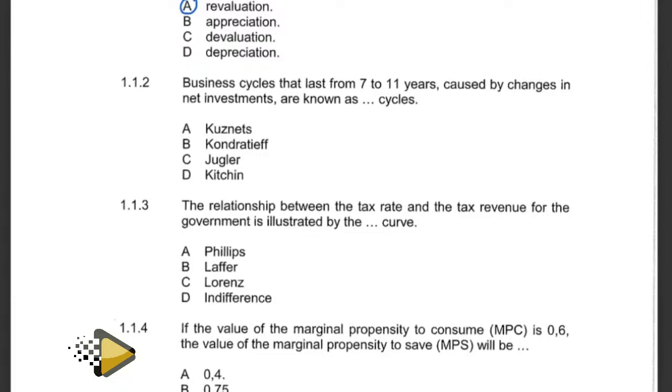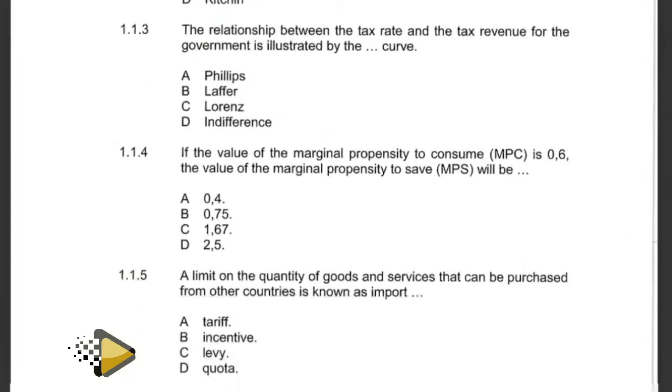So grade 12, if you still remember, I always tell you that whenever you are dealing with questions under economics, make sure that you apply the elimination method. You compare all the given set of options before you can select the appropriate answer that you think can help you to score more marks. Okay, right. So now moving on to 1.1.3, it reads as follows. The relationship between the tax rate and the tax revenue for the government is illustrated by the dash curve.